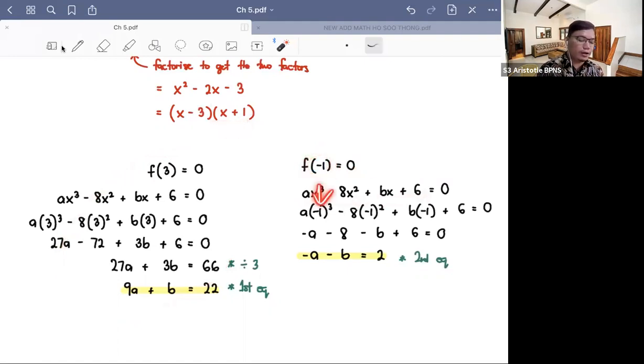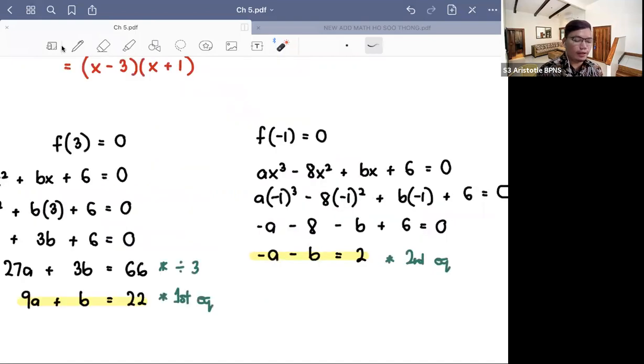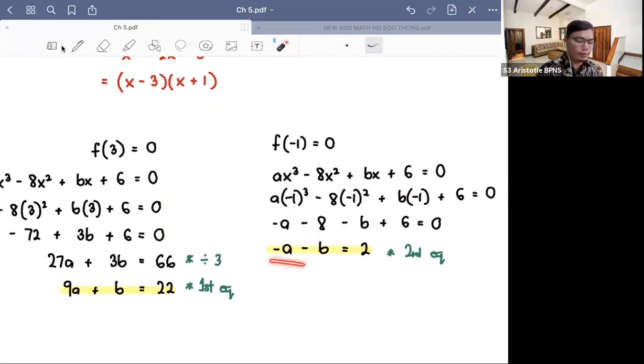So negative 1 here, and then evaluating this, and then simplifying, you'll get negative a, and then this is negative 8, this is negative b, and then you bring down 6 and 0. So if simplifying this, rearranging this, sorry, so bring down negative a minus b, and then negative 8 plus 6 is negative 2, and then transpose it here, it becomes positive 2. So therefore, here is my second equation, right?